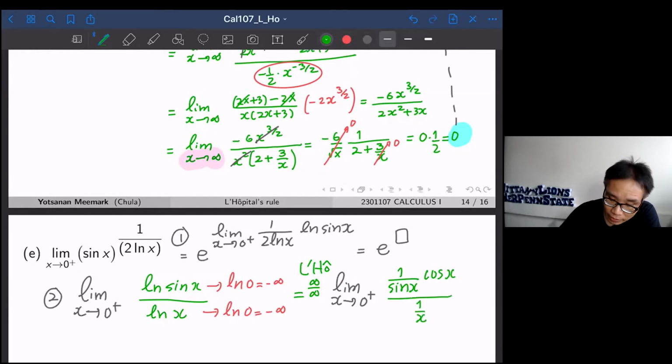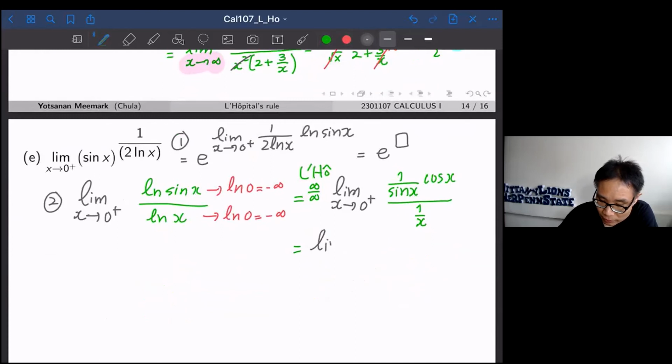Okay, so in this case, you see that it looks kind of like the thing that we had before. So you have limit x goes to 0 from the right, and you see that the top turned out to be cosine x. On the bottom, it's going to be sine x over x.